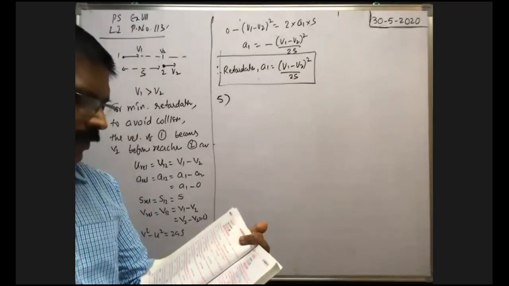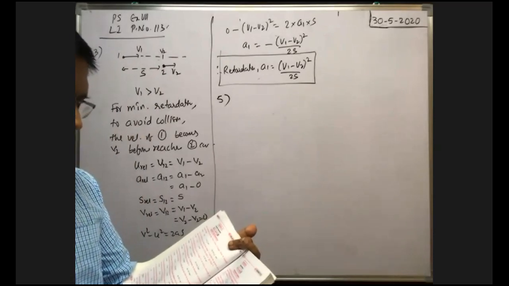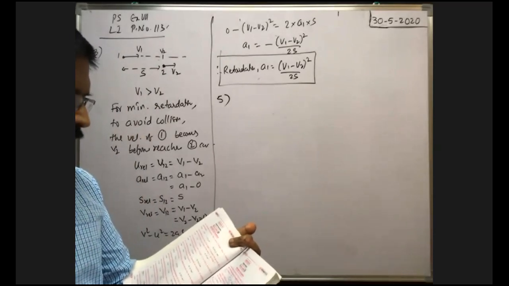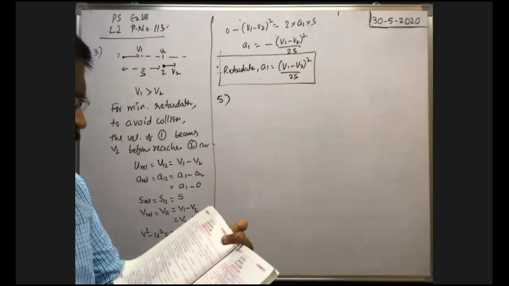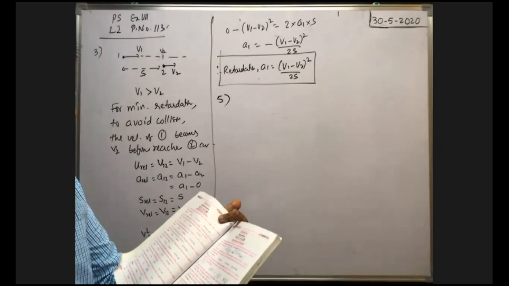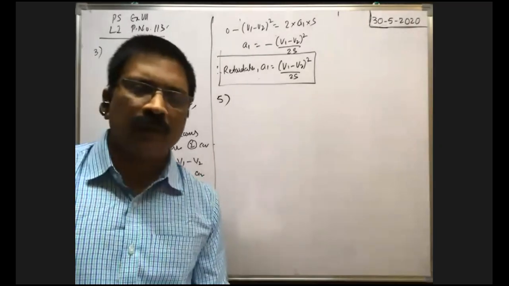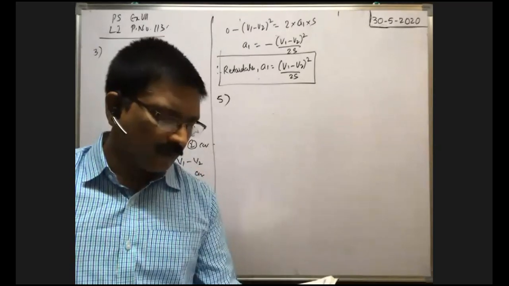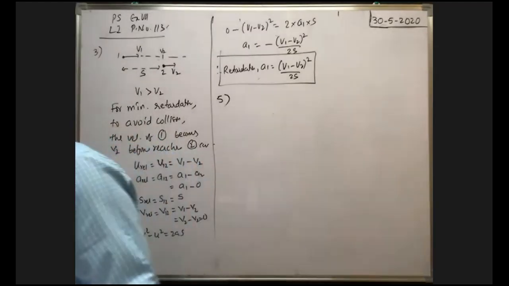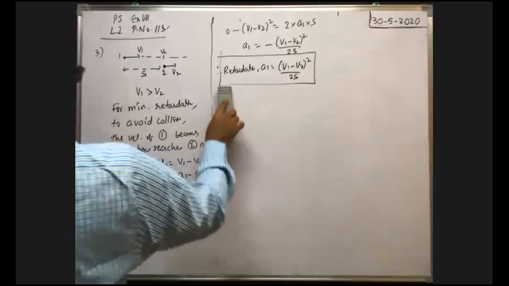Next, the fifth problem. Fifth or fourth problem, anyone we can do. Of course, the fourth problem we can do. Shall I explain the fourth problem, or no need? Yesterday, I think somebody else asked me. Okay, I will discuss the fourth problem also. Fourth problem first.